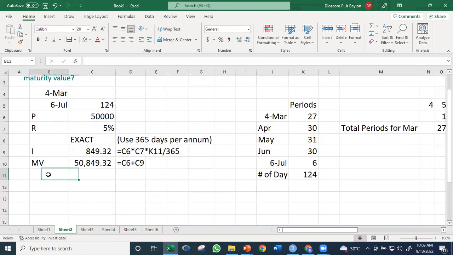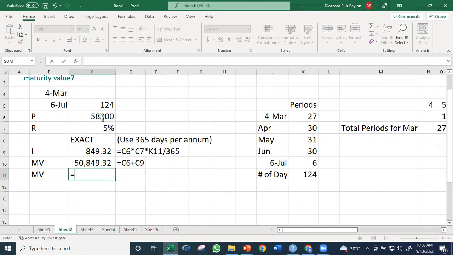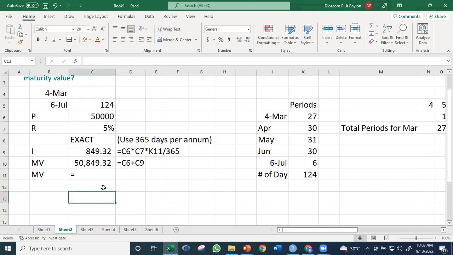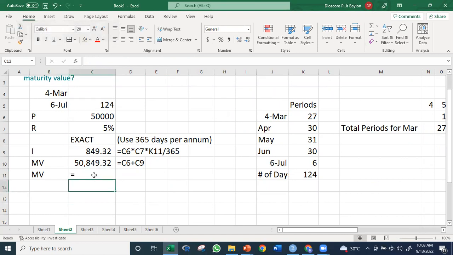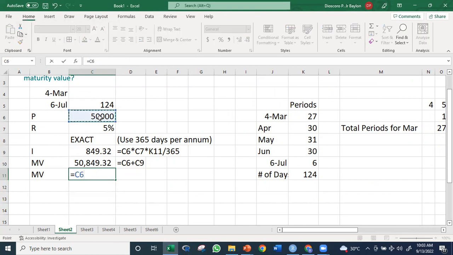Okay, of course we could have gotten that by, the shortcut is equal to the principal times, open parenthesis 1, plus your rate, okay, times your time, which is 124 divided by 365.